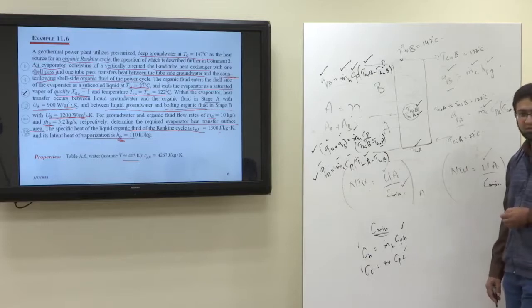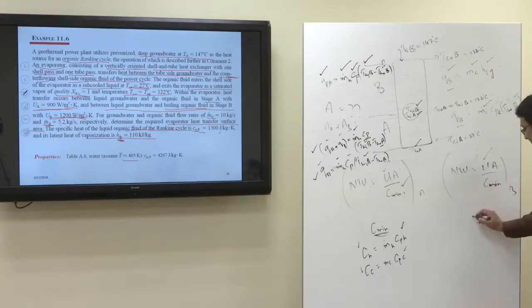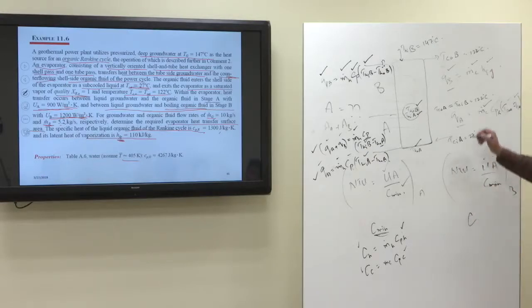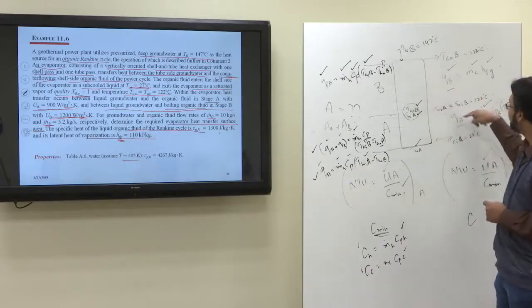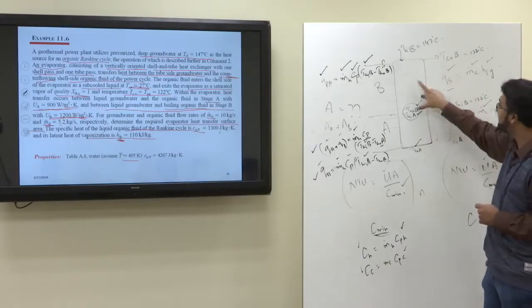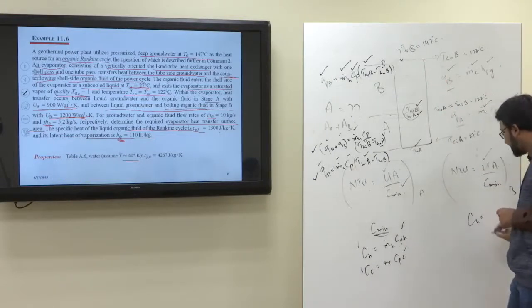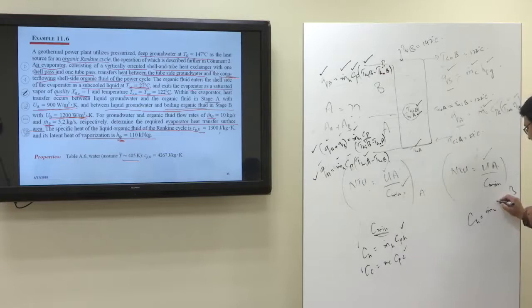Is it clear? Yeah. For the other case, for section B, the one which is evaporating will be maximum. Much higher, of course. Okay. So the other one will be minimum. So evaporating one is the cold side, right? The cold side is the one which is evaporating in section B. So the hot side will be your C minimum. So it will be M dot H CPH.